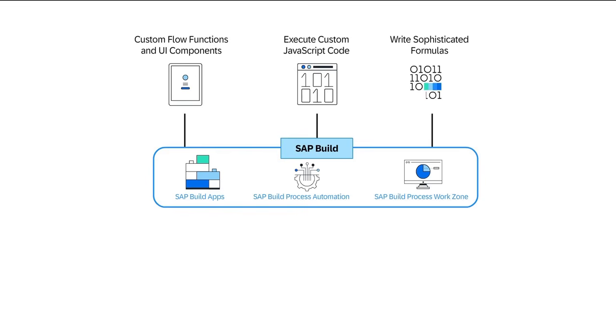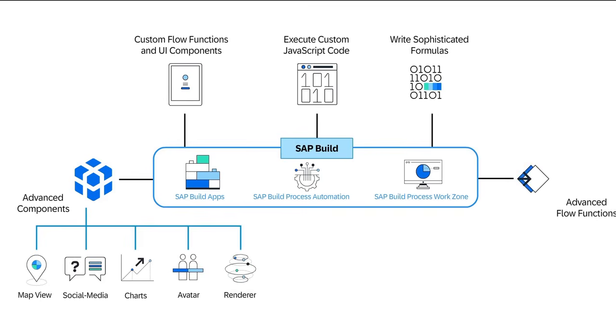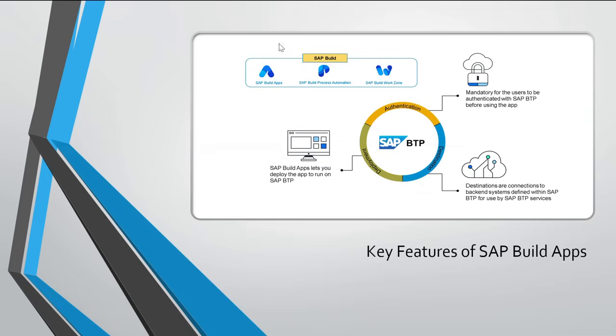We can create a flow function and execute your custom JavaScript code, and it also supplies a large set of functionalities to manipulate data. By using advanced components such as map view, social media, charts and rendering, it supports advanced things, and also offers flow functionalities for basics, file handling, accelerators and camera actions, which we can also do in SAP Build Apps.